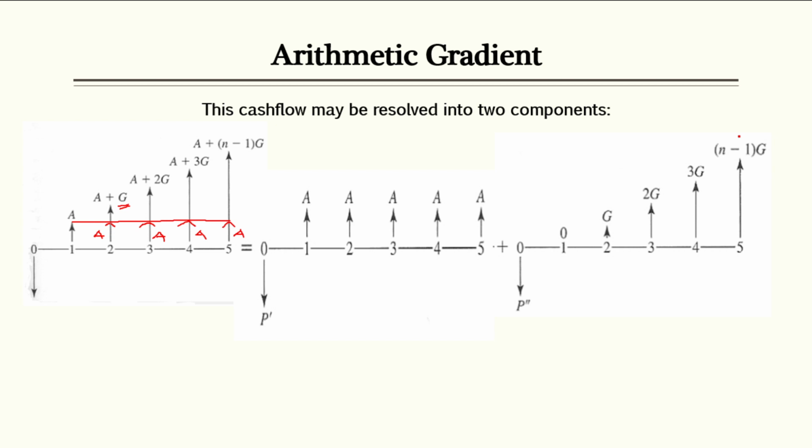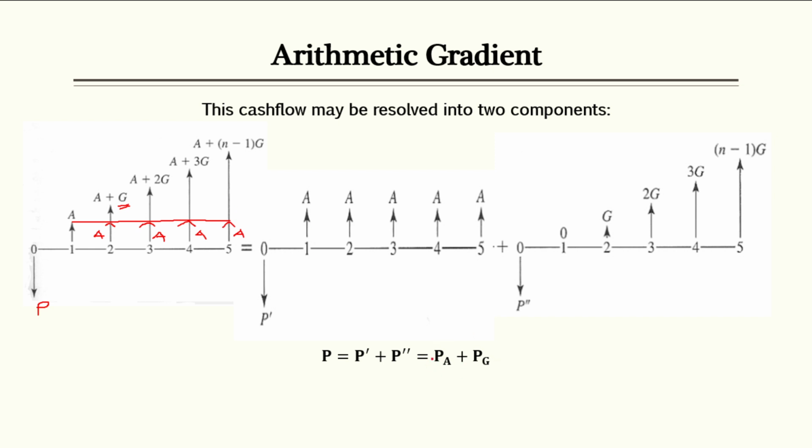Okay? So, from that cash flow diagram, makakabuo tayo ng formula. So, ito, formula to ng ordinary annuity. Ito, formula ng arithmetic gradient. Therefore, kung ililet natin to as present value, therefore, P is equal to P prime plus P double prime, or sinimplify ko pa, PA plus PG.